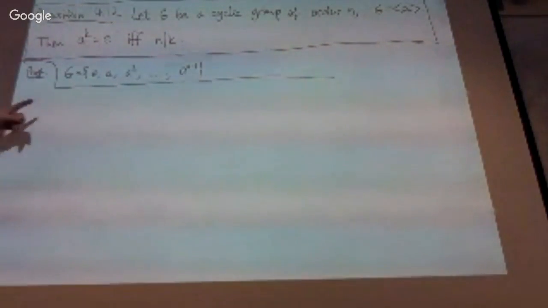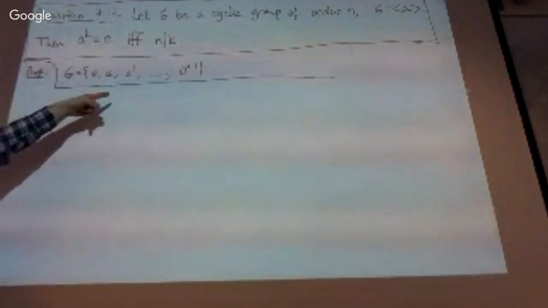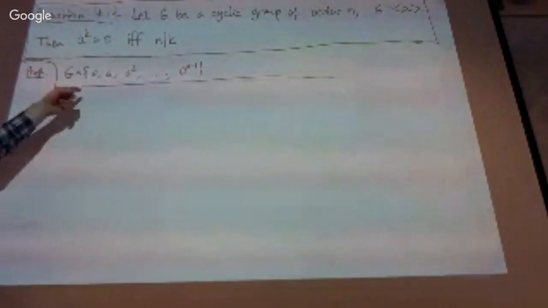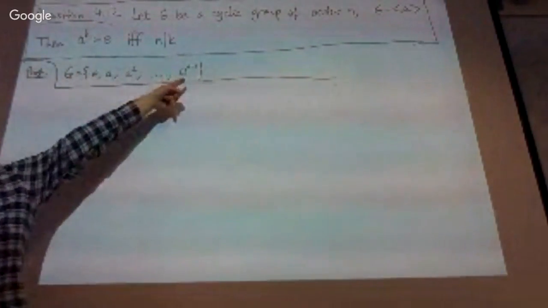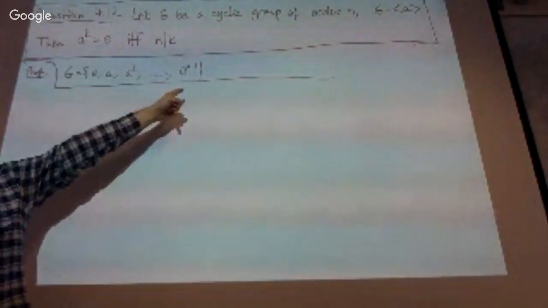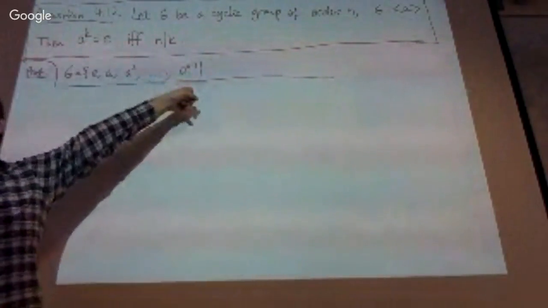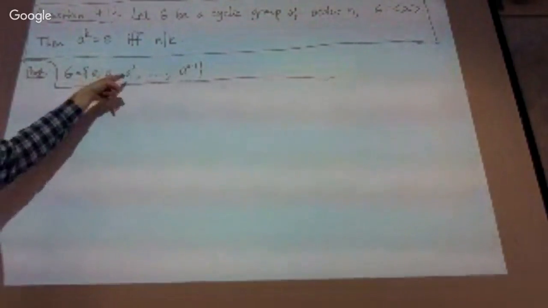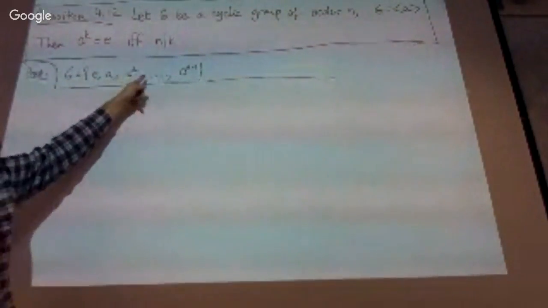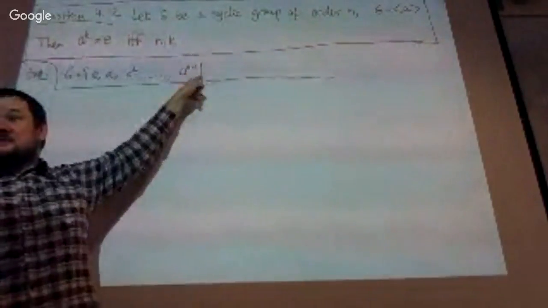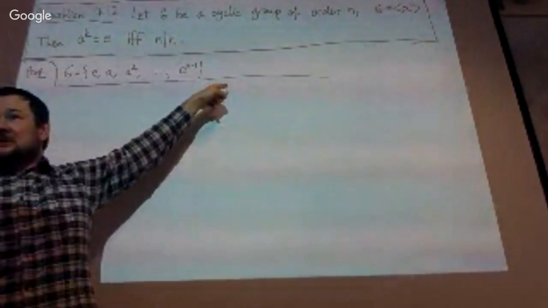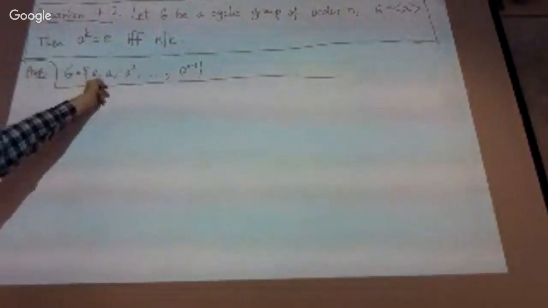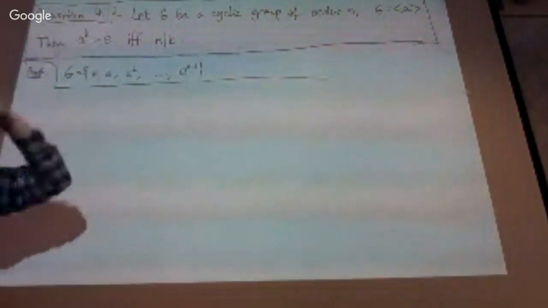If you start with the identity and multiply by a, again and again, you get to a to the n minus 1, and then multiplying by a again, you get back the identity, because the order is n. Now you can't get anything else. So this is what this theorem is saying. The elements look like that.